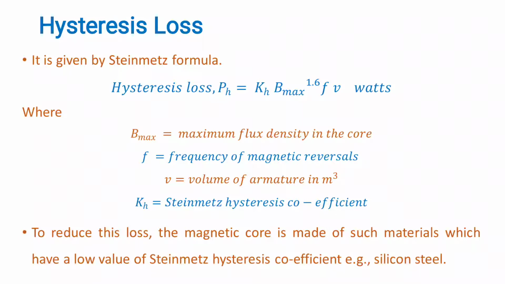B_max is the maximum flux density in the core, f is the frequency of magnetic reversal, V is the volume of the armature in meter cube, and K_h is the Steinmetz hysteresis coefficient. To reduce this loss, the magnetic core is made of a material with a low Steinmetz hysteresis coefficient, for example silicon steel. I think you got the point.